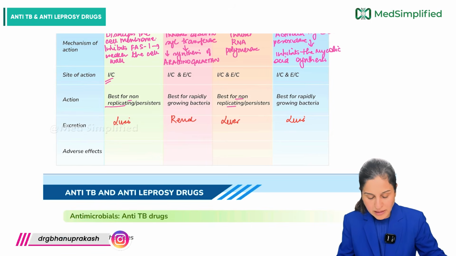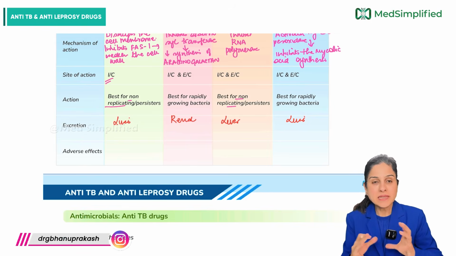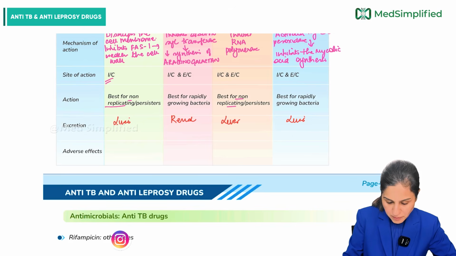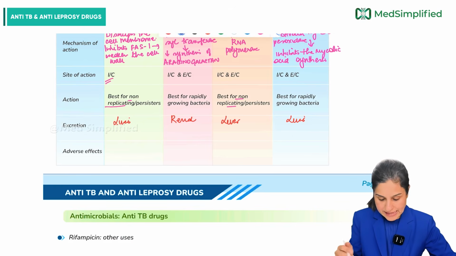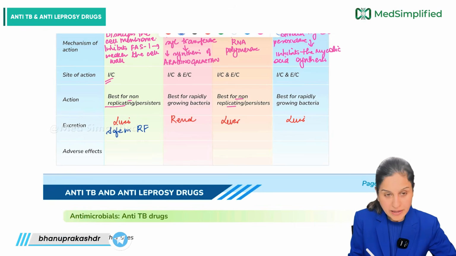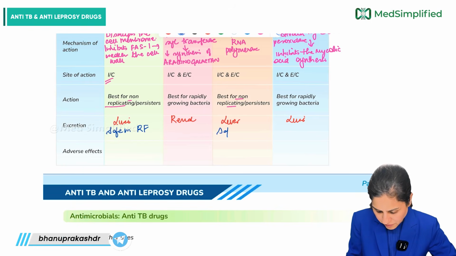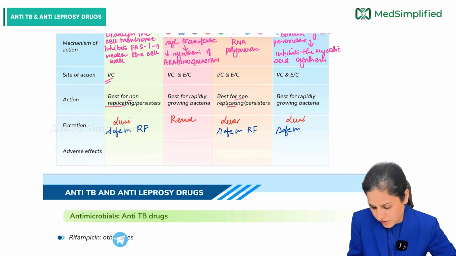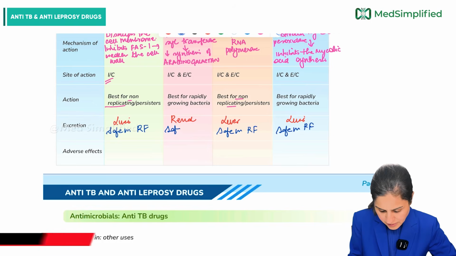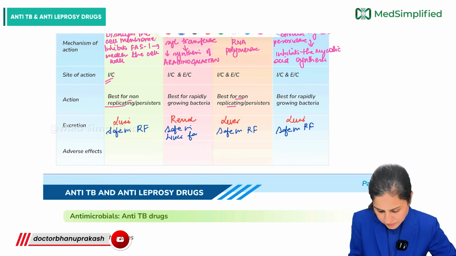So the drugs whose primary route of elimination is the liver are safe in renal failure, while ethambutol is safe in liver failure. Opposite, right?